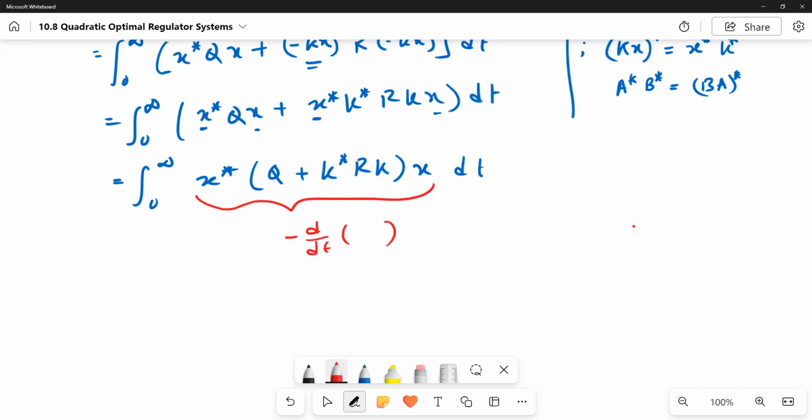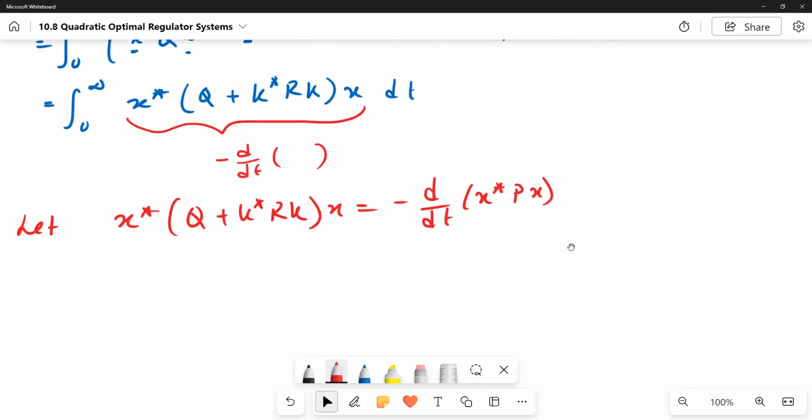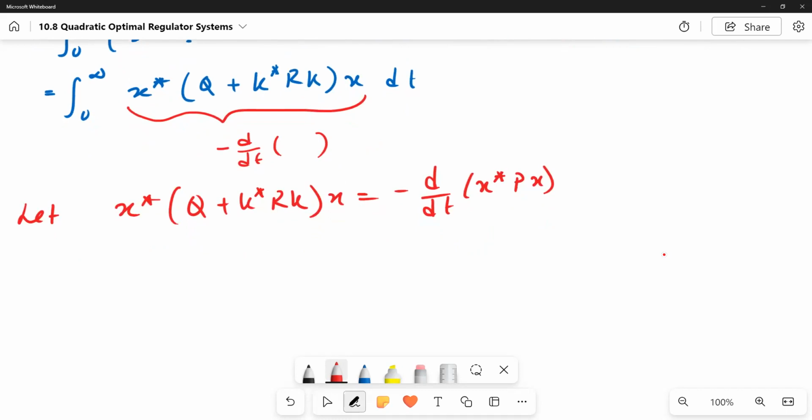So that is why we assume, or let's take, x star (Q plus K star RK) x equal to minus d by dt of x star Px. Now, what is P?